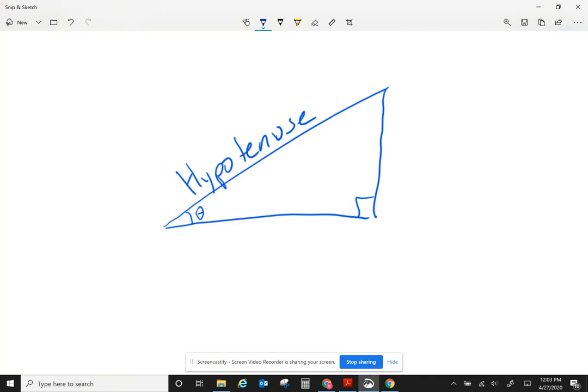In this case, let me use theta. From that corner, the side that is far away from it, I call opposite. So this is my opposite. And the side that is next to my corner theta, I'm going to call adjacent.